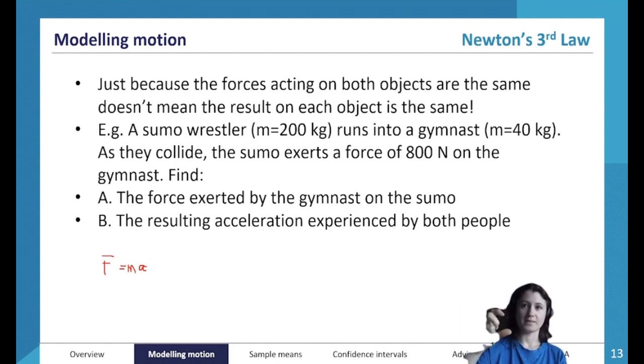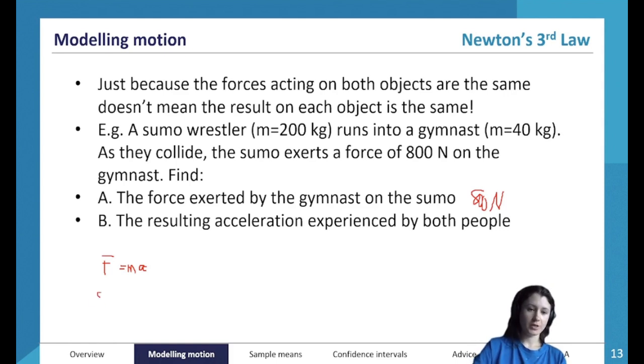So what that means is that the force in the opposite direction, or the reaction force, will have the same magnitude. So it will also be 800 newtons. And by opposite, we just mean that it's in the opposite direction. Now, the resulting acceleration experienced by both people.